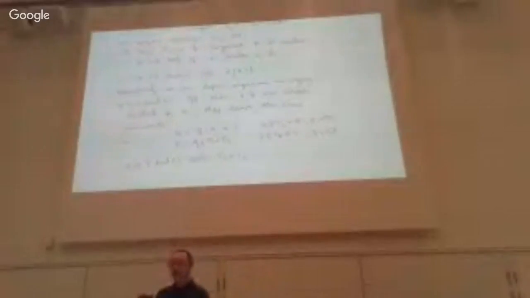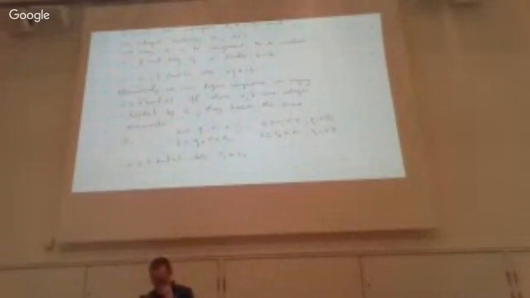Is that okay? Any questions or queries about that? So that was a little 4-mark definition question at the start. And part b asks about the Euler totient function.